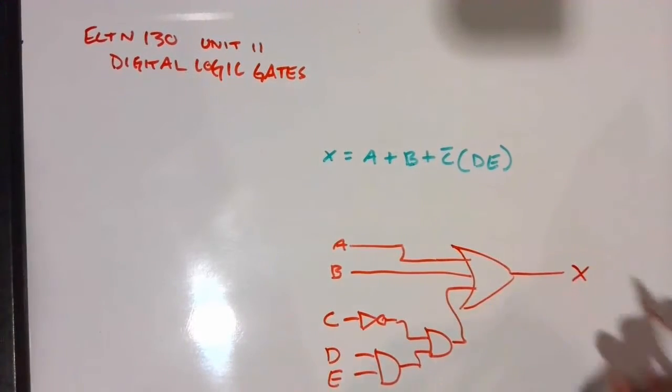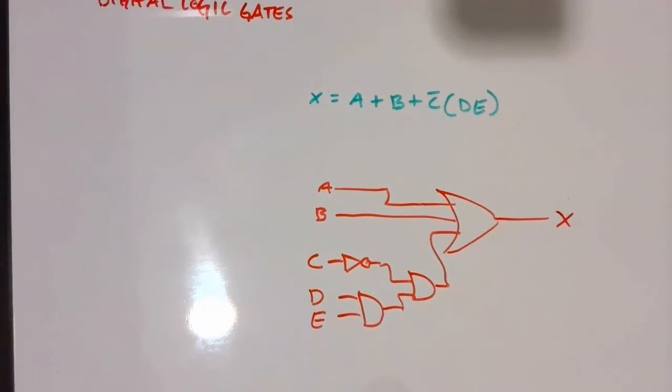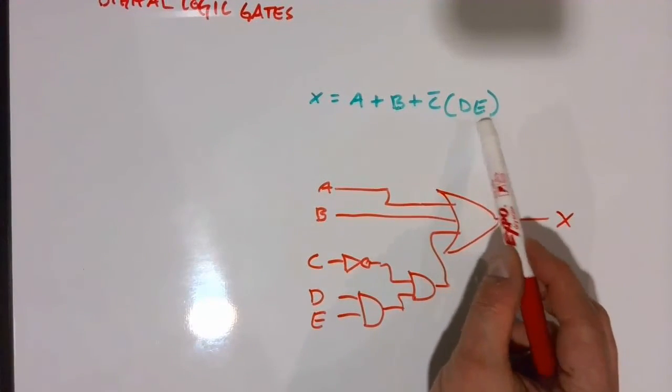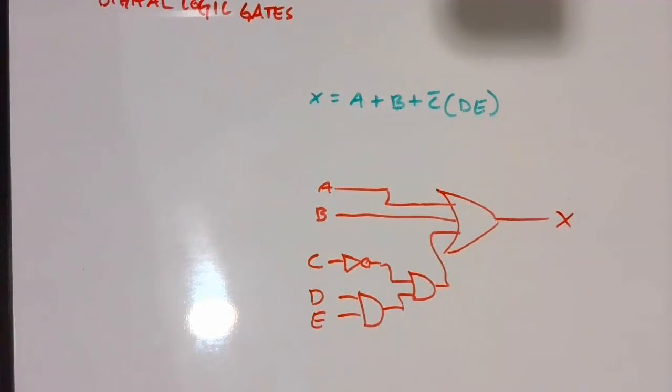And then the output is X. Now, there are a couple other ways we could have done this. Theoretically, we could have made this a 3-input AND gate and had the three terms connected together, C not, and D and E. That's a way of doing it. But because these are put in parentheses, it's implied that that's a separate gate.